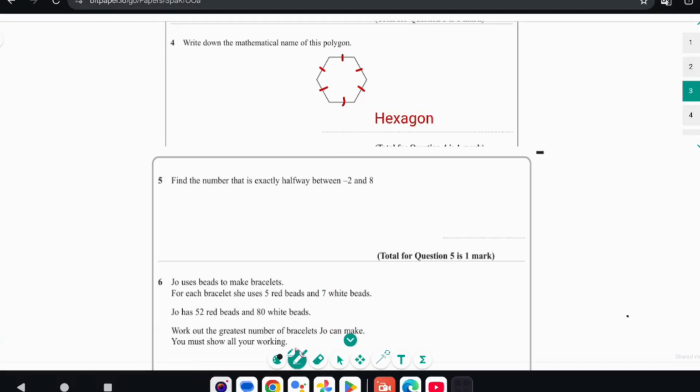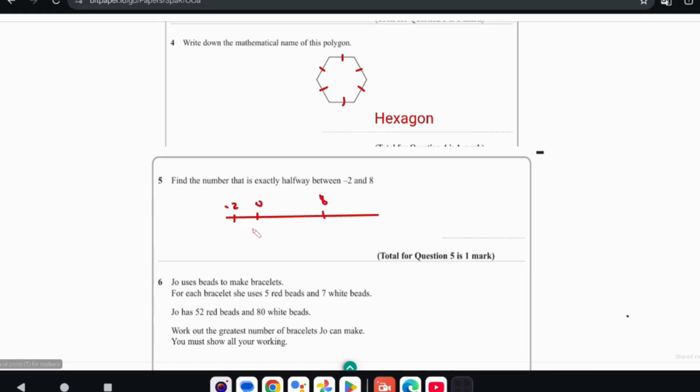Find the number exactly halfway between -2 and 8. So on a number line here, let's just draw a straight number line. Let's say -2 is here, 0 here, 8 here.